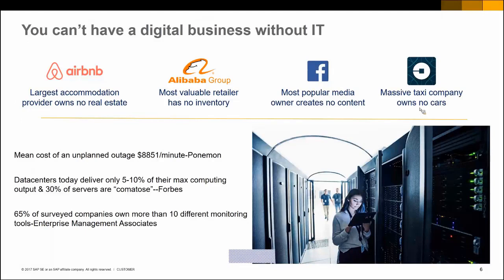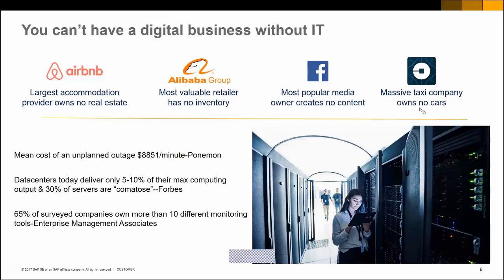When you take a look at some of the most successful businesses that have started to change the way we interact in this world, whether it's Facebook, which has popular media content and doesn't actually own or create any media, to Lyft and Uber and others, where you're looking at taxi companies that really don't have an infrastructure of cars, to Airbnb and Alibaba, which are people that don't have brick and mortar.